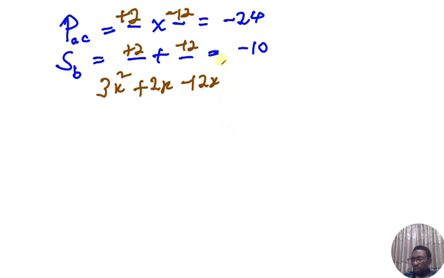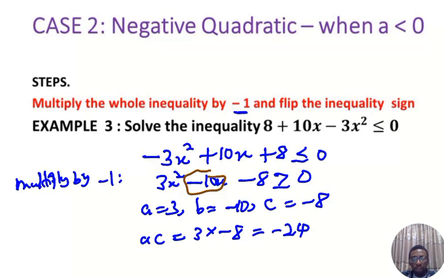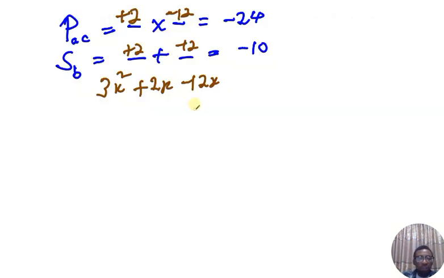What was our C there? Our C there was minus 8. So minus 8 is equal to 0.